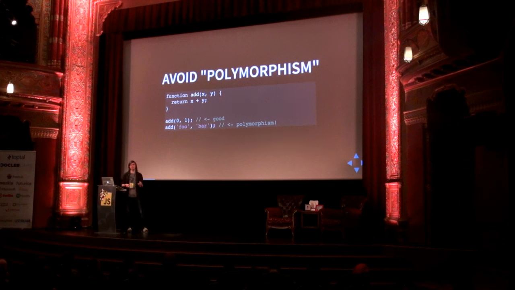But if I suddenly decide to pass strings to it, it will de-optimize. The compiler will eventually generate code that supports both cases, strings and numbers. So in the general case that I'm using here, numbers, it will be a bit slower. So here is the suggestion: avoid polymorphism. And it's really similar to C++, because you always declare types there, well, almost always.